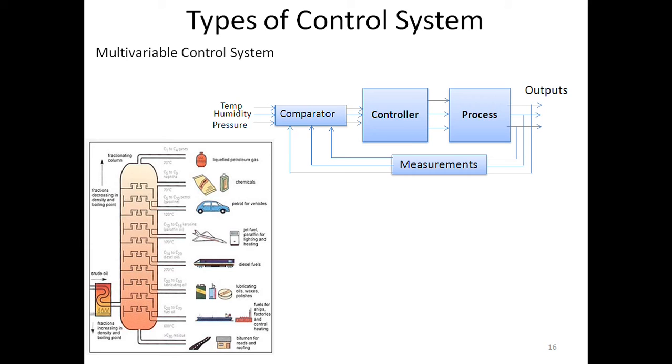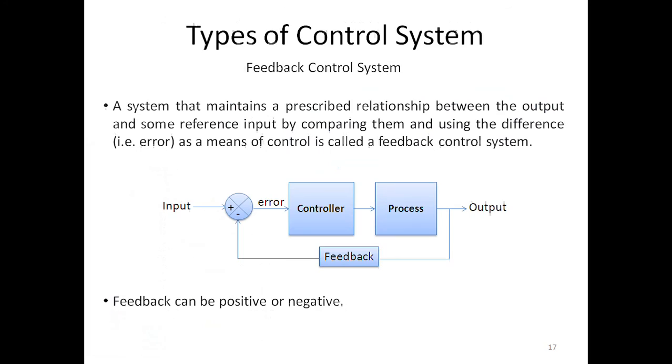Raw crude oil is utilized to get kerosene or LPG or other chemicals, even petrol and diesel. So these are multiple inputs and multiple outputs, a simple example of a multivariable control system.